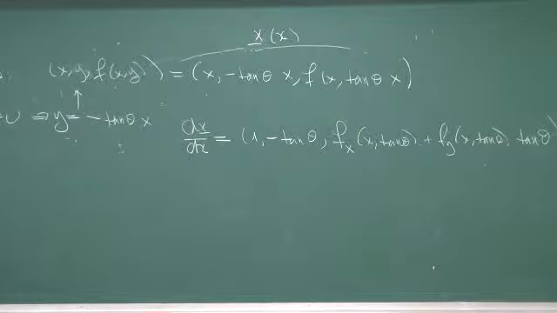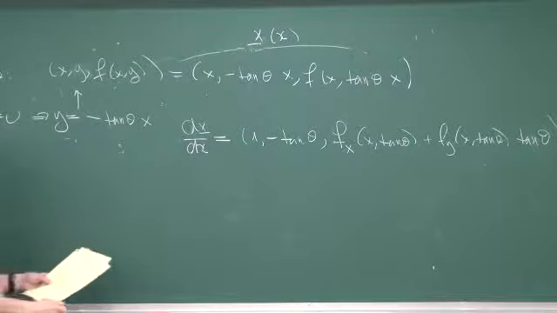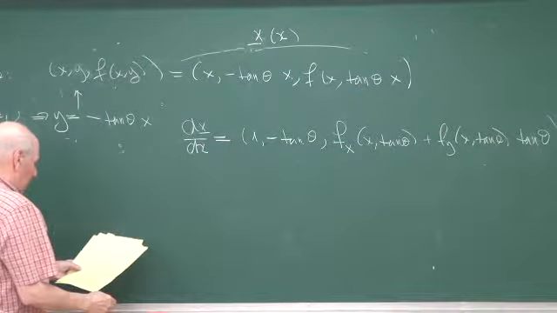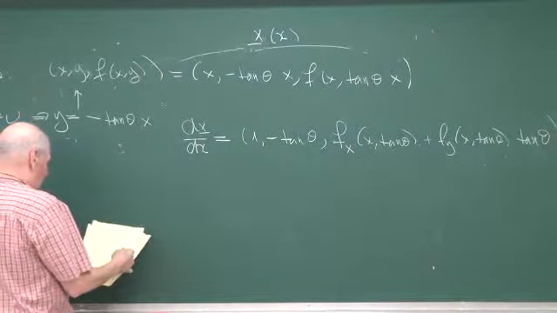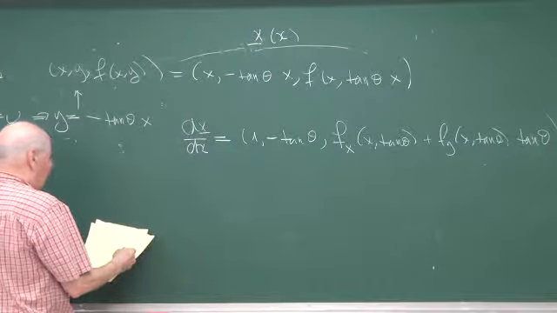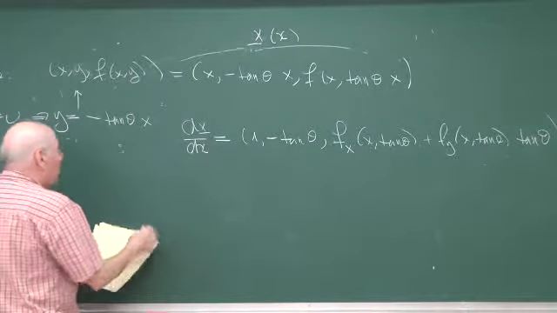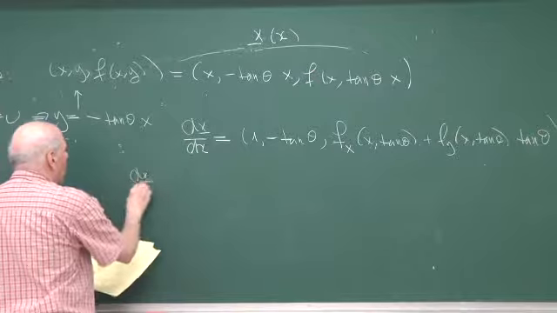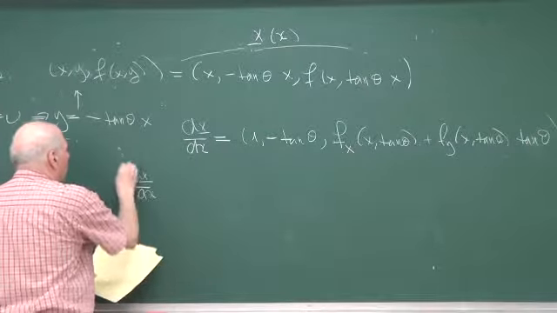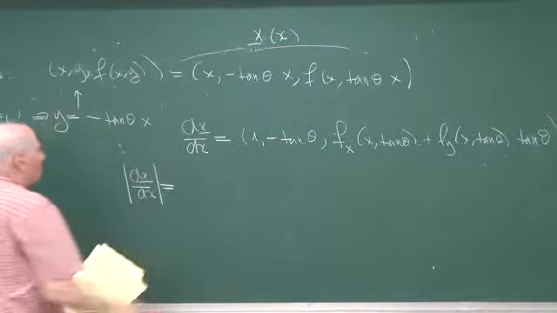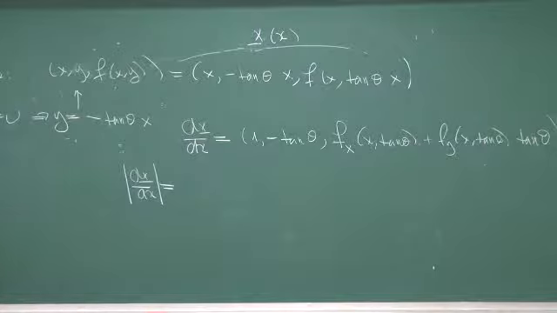Now I have to rewrite it and do one more computation. I now know dx/dt, so I know its magnitude, which before we called the velocity.